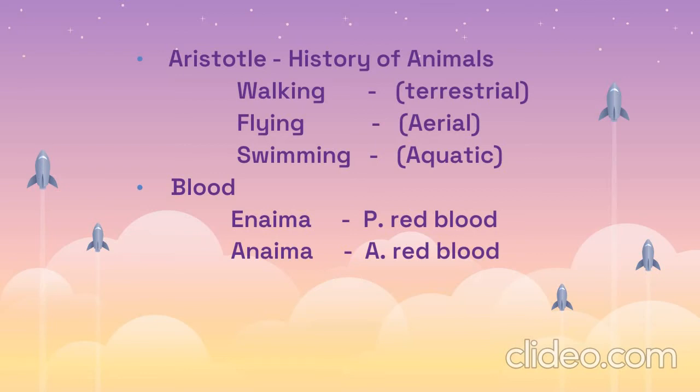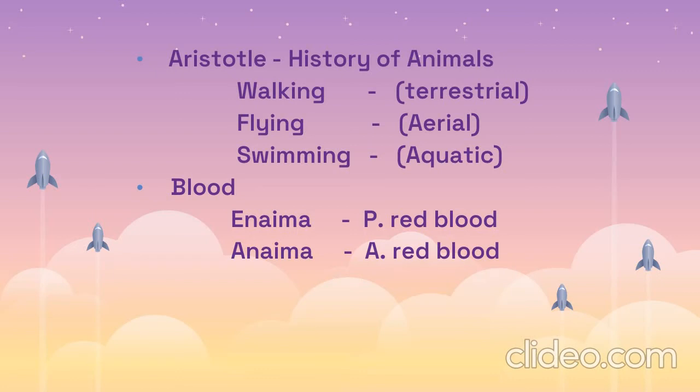And one more classification he has given is as per the presence or absence of red blood cells. Of course we know human blood consists of three types of cells: RBC, WBC as well as platelets. As per the presence of RBC, he has classified the organisms into two categories, enaima and anaima. Enaima means the presence of red blood cells, and anaima means the absence of red blood cells.